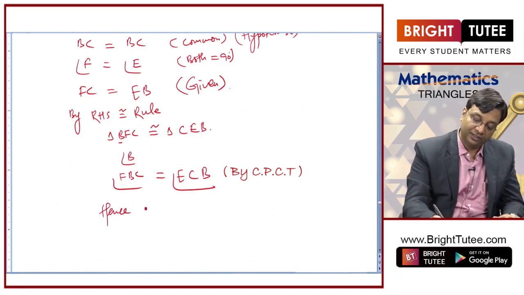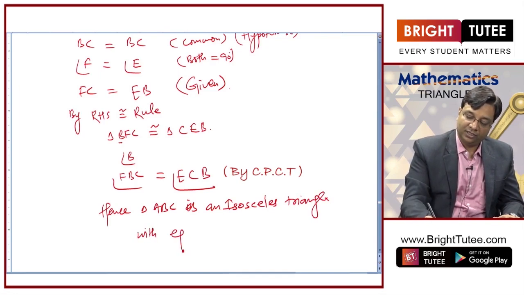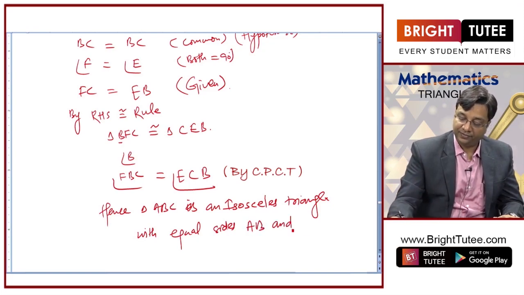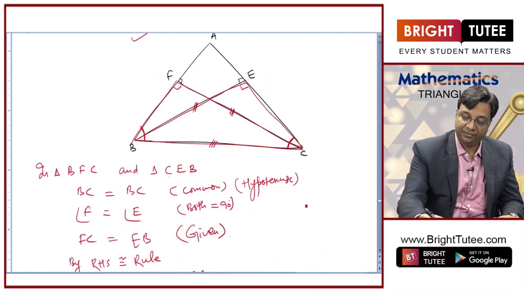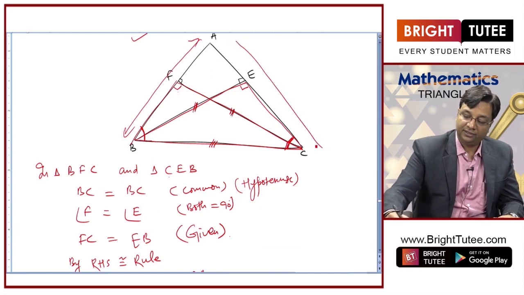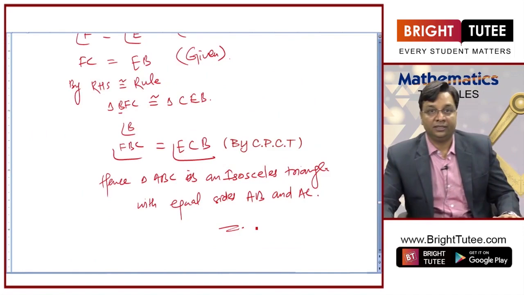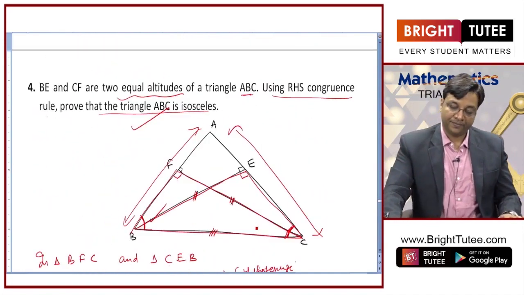Hence, triangle ABC is an isosceles triangle with equal sides AB and AC. AB, which is opposite this angle, and AC, which is opposite this angle, right? This is what we had to show here.